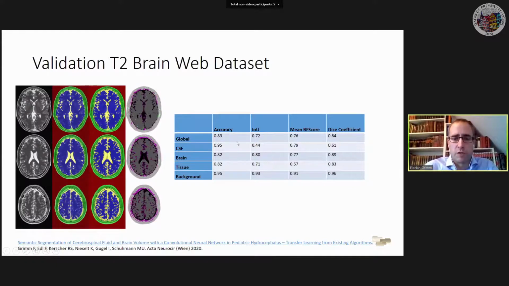Accuracy was comparatively, CSF was a bit better with 95% in the classification. The tissue segmentation was a bit different because it is an artificially created data set, and there we saw some systematic differences to our T2 training data.